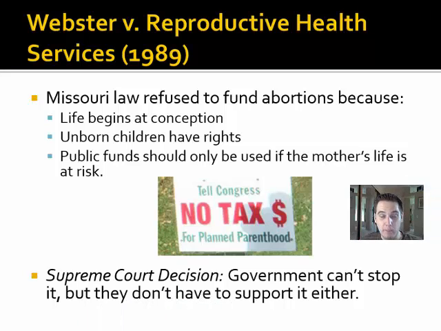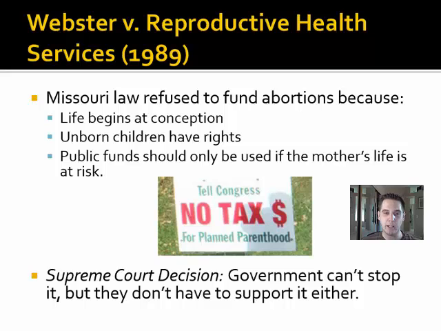Now, as you can imagine, some of you watching this would feel very sad about that if you feel strongly against abortion. And many people in America do feel strongly against abortion, just as there are many who feel that it should be allowed. It should be up to the individual, not to the government. So Webster versus Reproductive Health Services was the Supreme Court's way of saying that, okay, you can't ban it, but that doesn't mean you have to force people to pay for it who don't want to participate in supporting abortions.